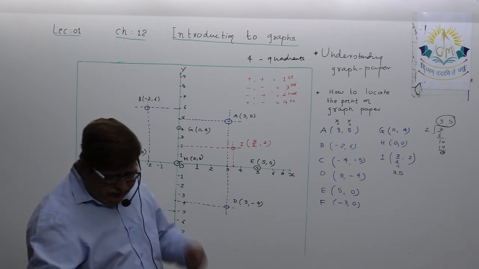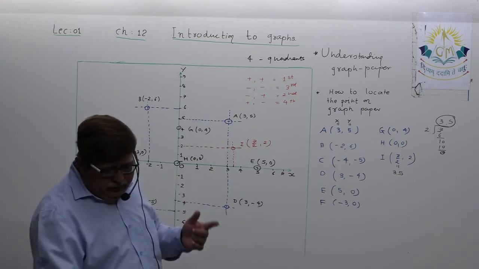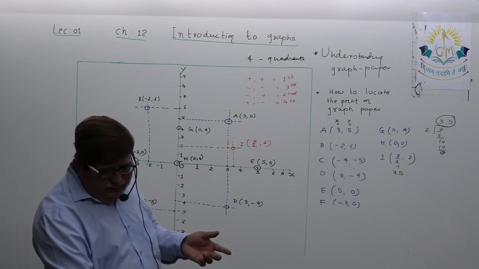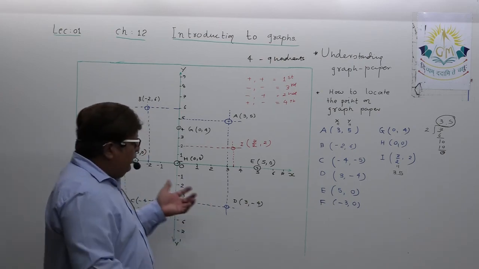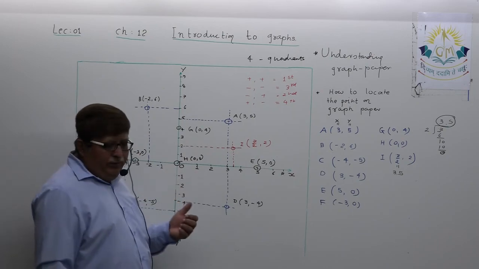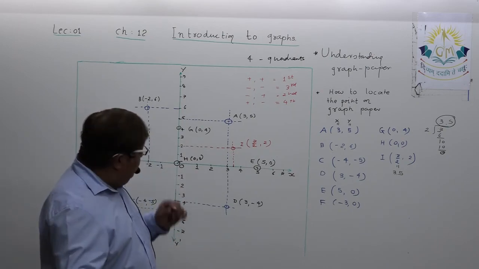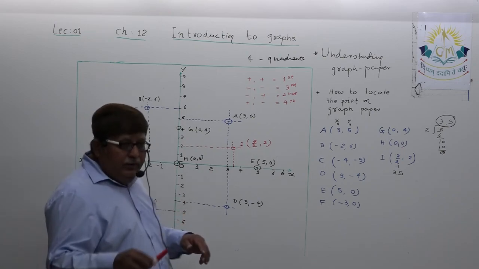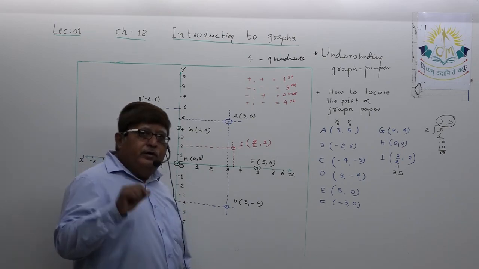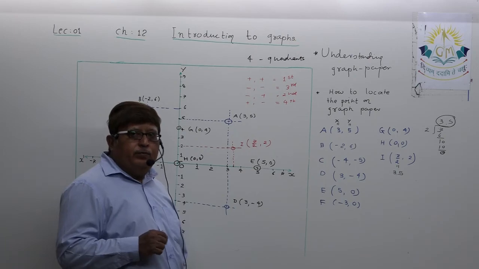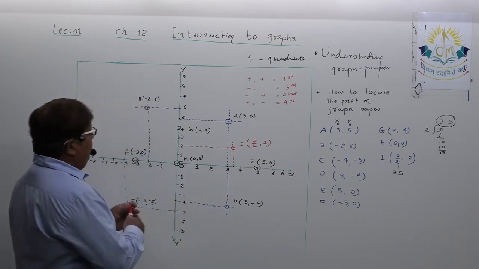See, dear student, not only do you have to understand how to locate the point on graph paper, but at the same time, you also need to understand how to read the coordinates from the graph paper. Suppose I am explaining to you.